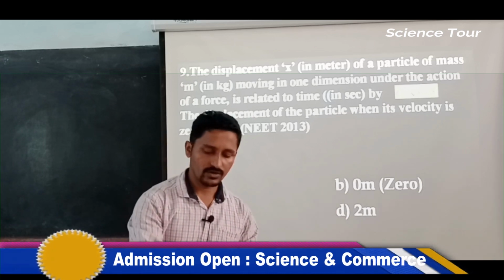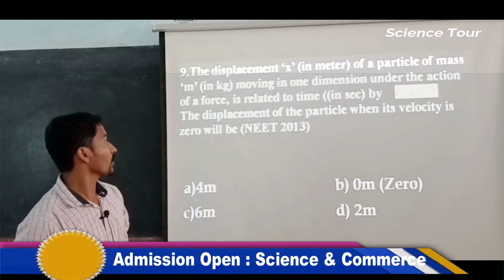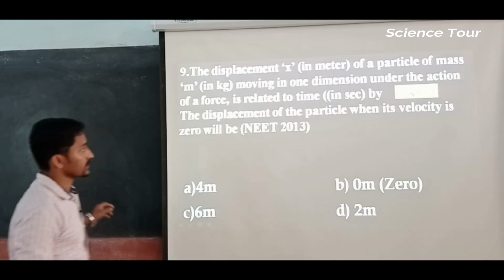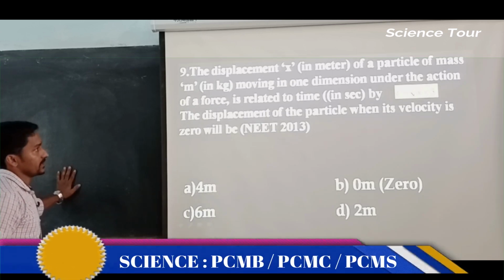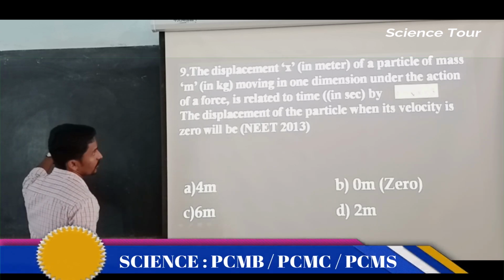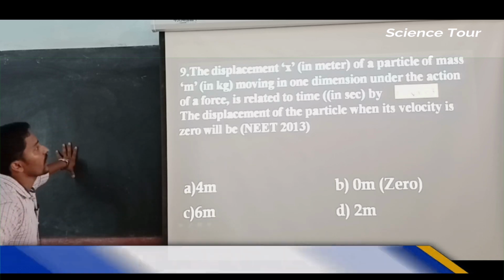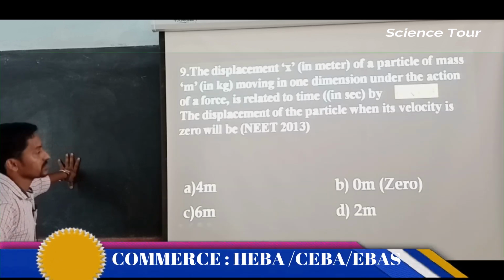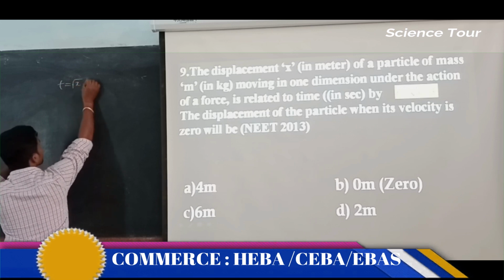Okay, so next we are going to talk about the displacement x in meters of a particle of mass m kg moving in one dimension under the action of a force, which is related to time by t equal to square root of x plus 3.